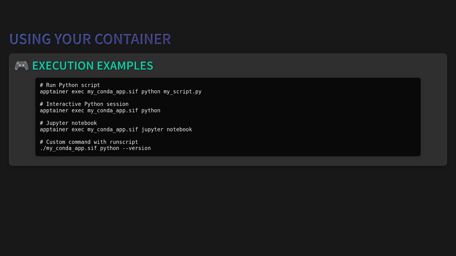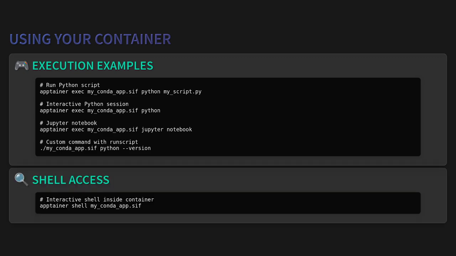We can also use Jupyter Notebook. It's very straightforward to do all of this. We can also have access to a shell for an interactive session: Apptainer shell followed by the name of the Singularity image. So that's it for the command line that you basically need to know.